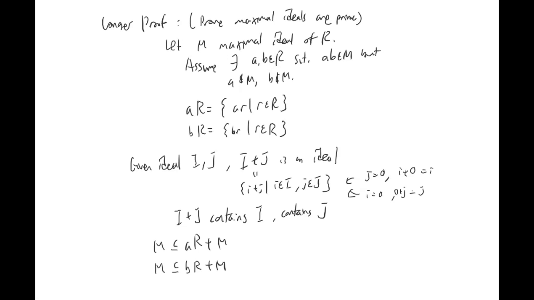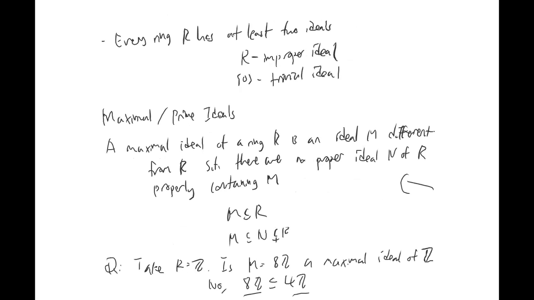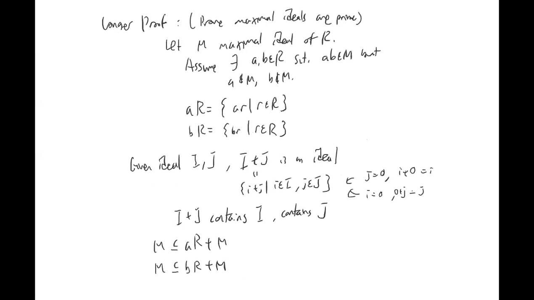So let me go back. Here, a maximal ideal is a proper ideal, different from R. So from what you said, it must either be M or the whole space R. Do you agree?